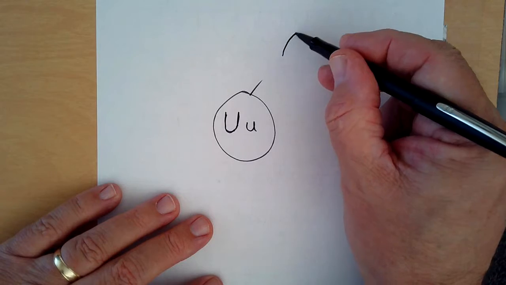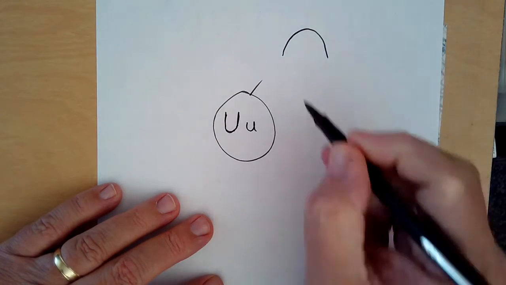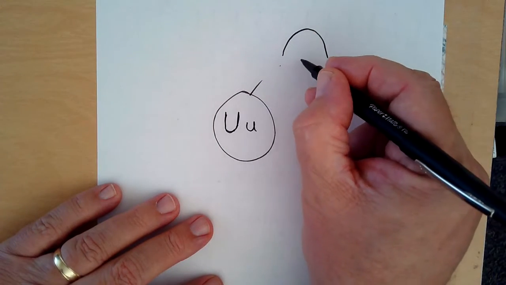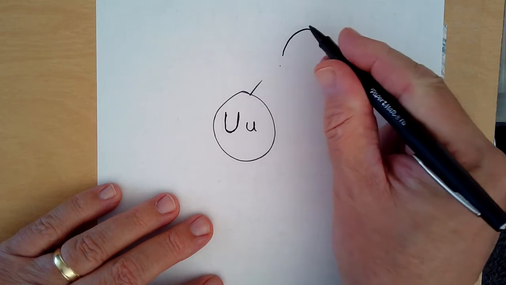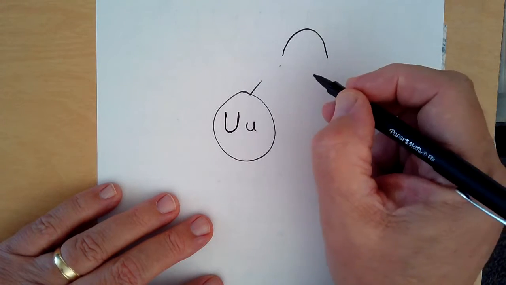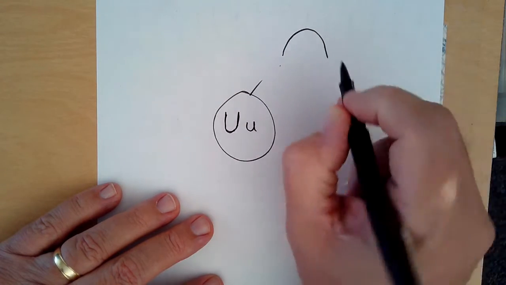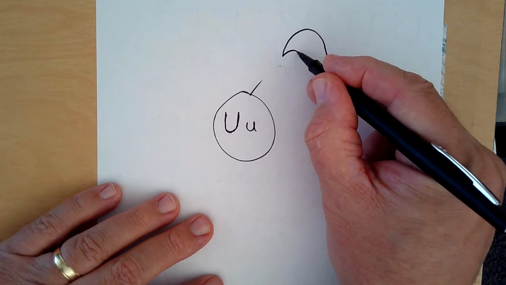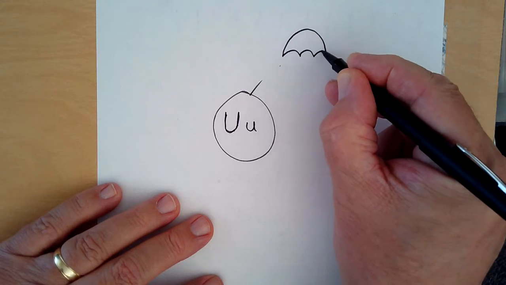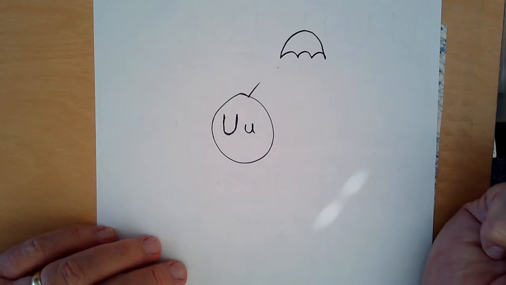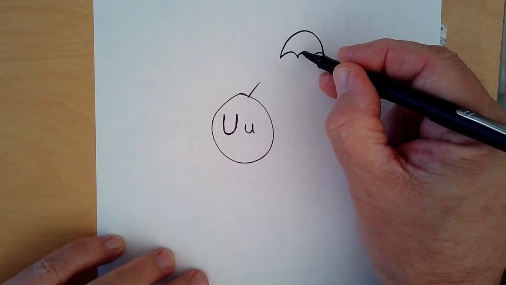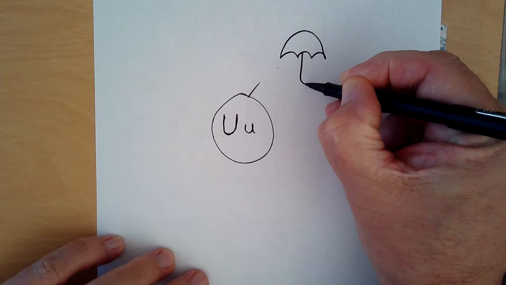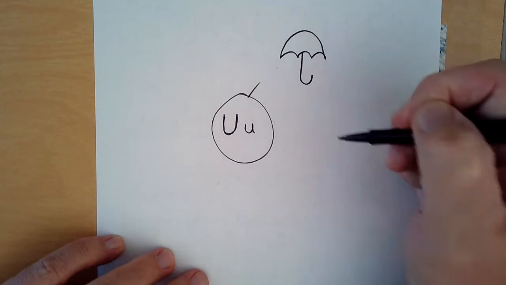I'm going to make this. That's an arc. It is like a rainbow. It's an arc. And then underneath, I'm going to draw 1, 2, 3 little bumps. And then I'll go down and make a hook.